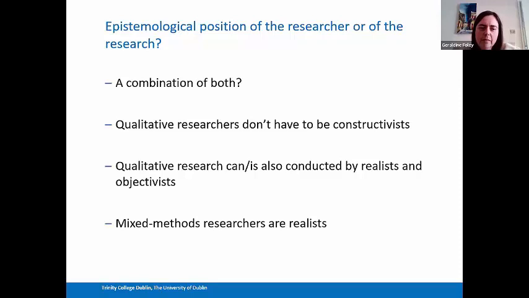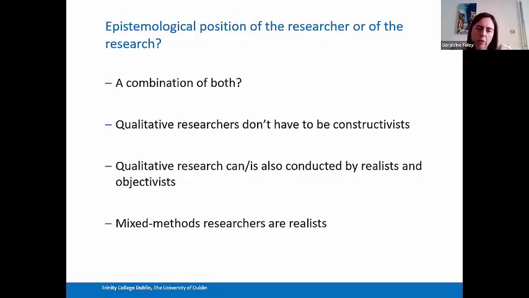At the same time, qualitative researchers don't have to be hardcore constructivists, meaning researchers who see existence as multiple realities where people's perception is everything, and there isn't one reality that people have experiences about.